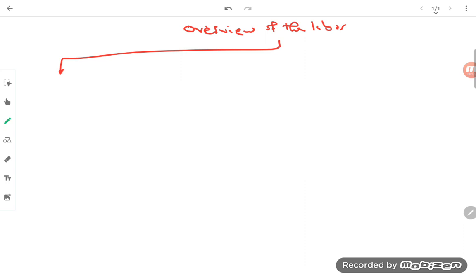Last time we talked about the overview of the labor market, and we said that this chapter is divided into three main parts. Number one, basic definitions.